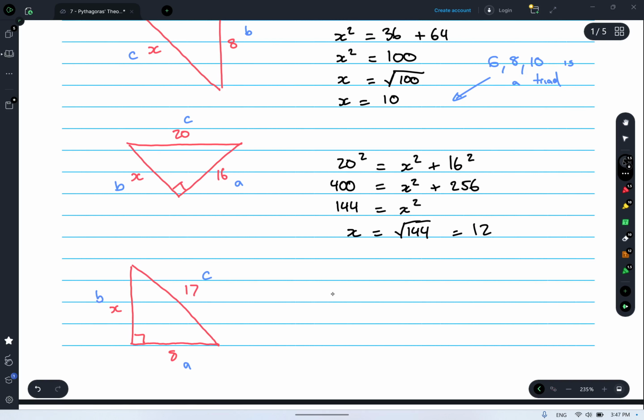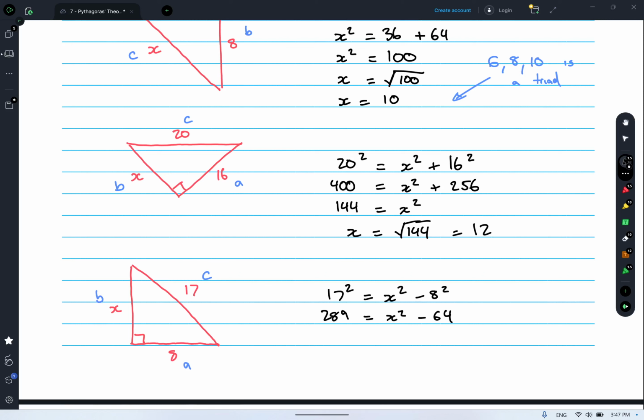So we're going to have 17 squared equals x squared minus 8 squared. Now if I do 17 squared, that gives me 289. X squared minus 64. Oh, sorry, that's a plus. And then I'll do 289 minus 64, which gives me 225 equals x squared.